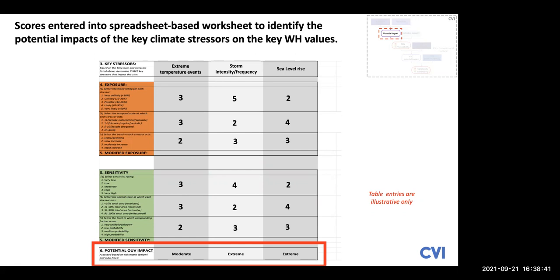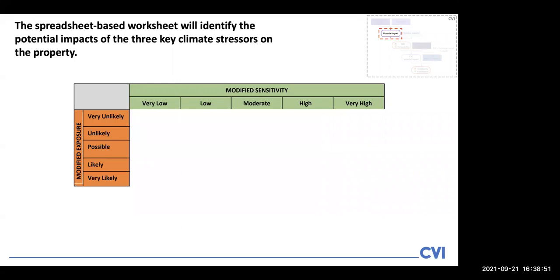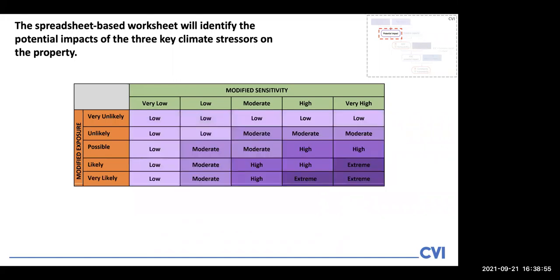Once we have exposure and sensitivity, we're able to assess the potential impact on the outstanding universal value. This is undertaken using a risk matrix approach, which you can see illustrated now.